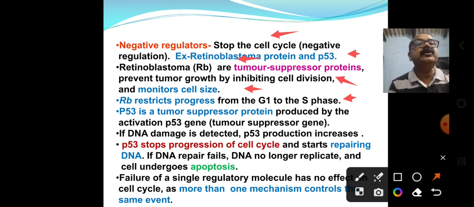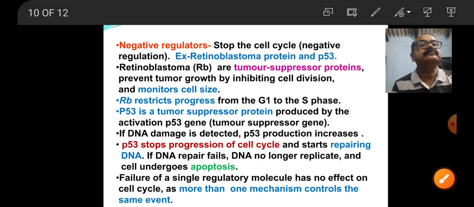p53 is a tumor suppressor protein produced by the activation of p53 gene, which is a tumor suppressor gene. If DNA damage is detected, p53 production increases. p53 stops progression of cell cycle and starts repairing DNA.